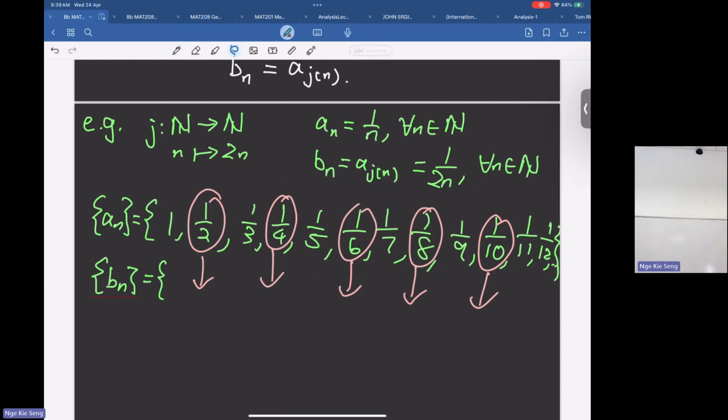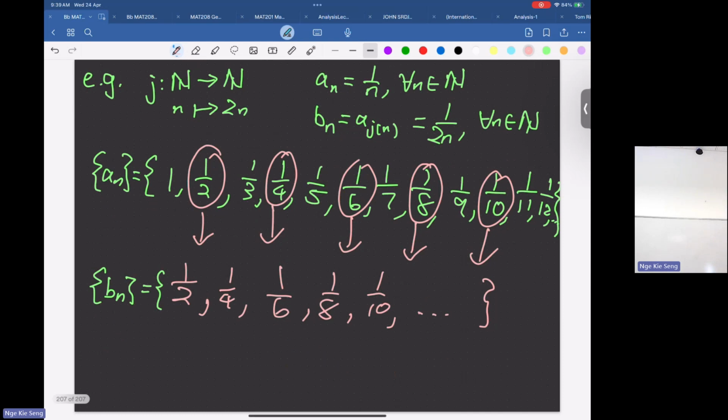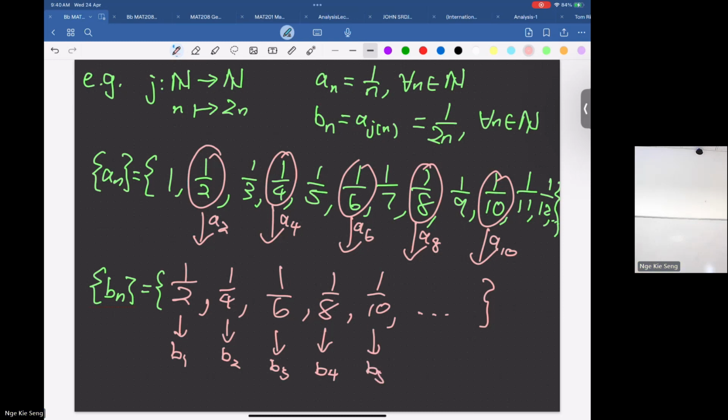So inside my b_n has 1/2, 1/4, 1/6, 1/8, and then 1/10, and so on. Although this one is a_2, a_4, a_6, a_8, a_10, we rename it to be b_1, b_2, b_3, b_4, b_5.